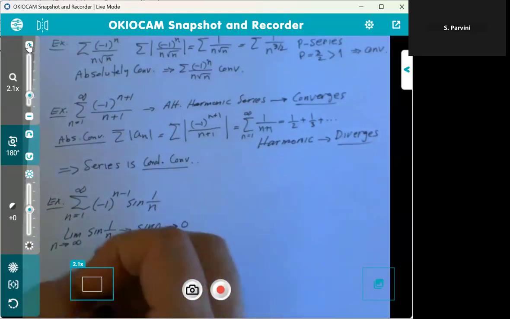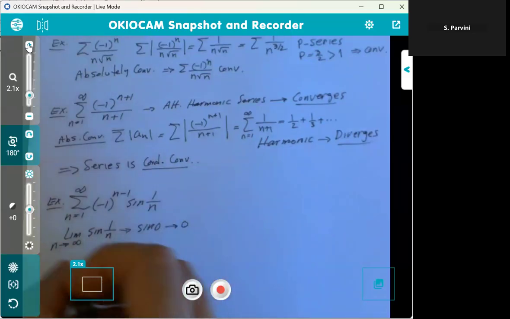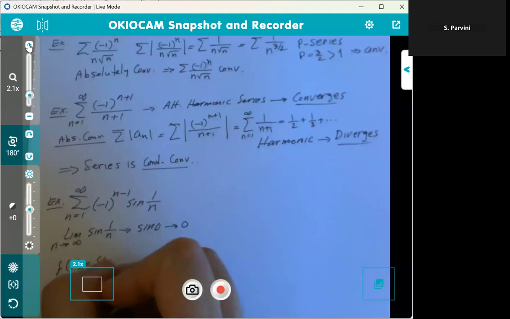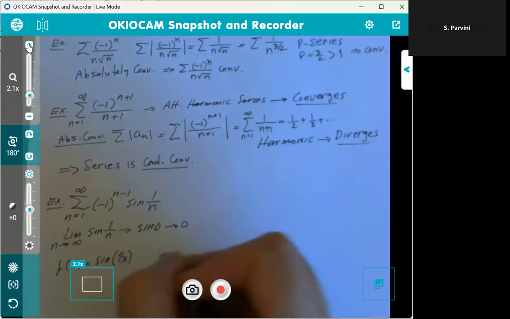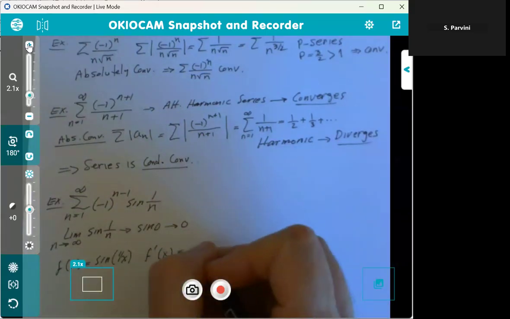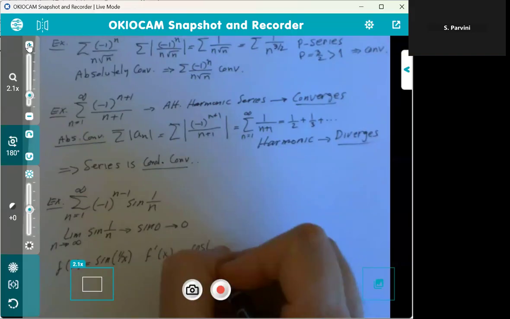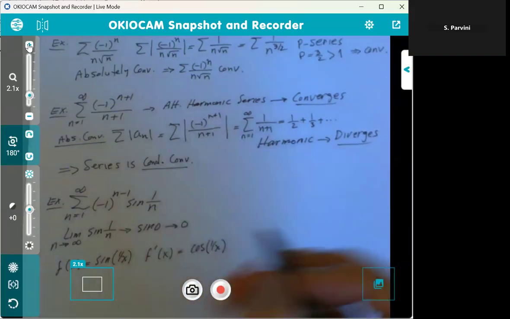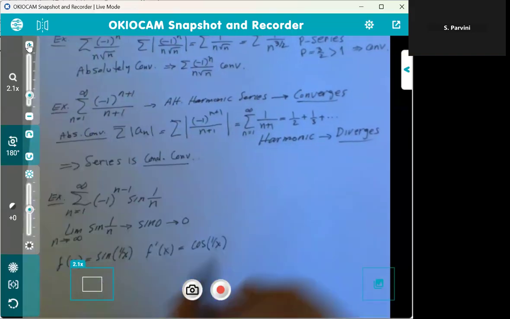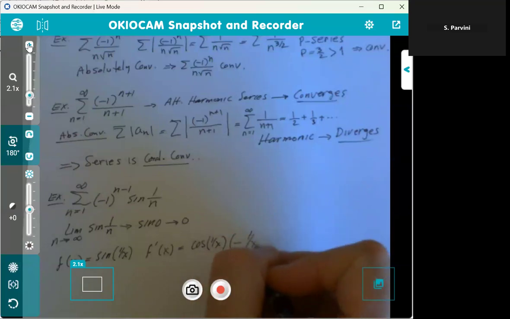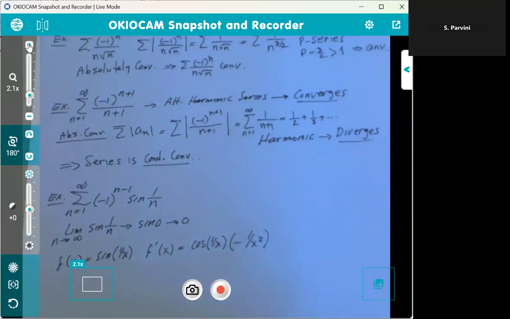Is it decreasing? Well, for decreasing, we can look at f of x being sine of 1 over x. Let's take the derivative, f prime of x. The derivative of sine is going to be cosine of 1 over x, and by the chain rule times -1 over x squared, right?